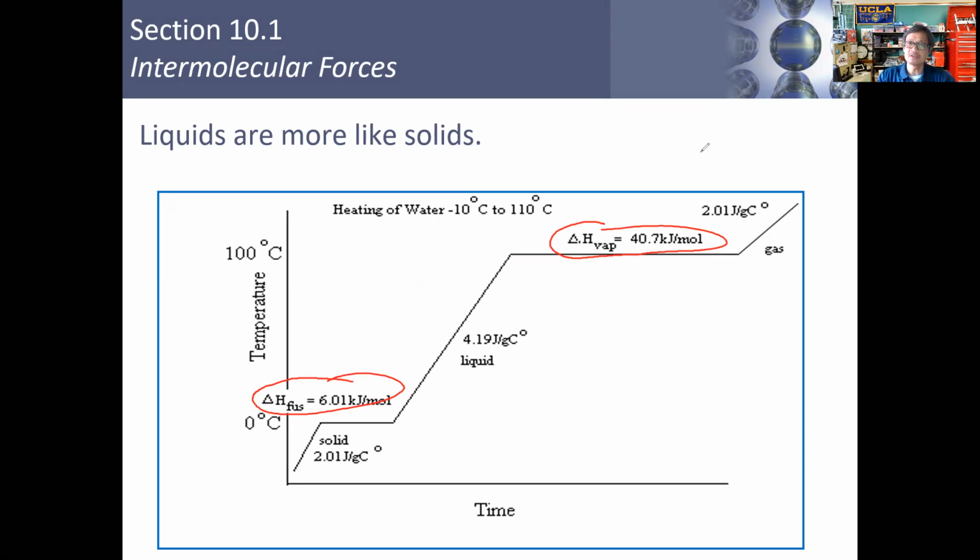So remember, with state changes, we don't get a change in temperature, because all the energy goes into rearranging the structure of the compound. If we plot temperature against time, we can also use energy here. As we start to add heat, at this phase change here, make sure you understand, this is the solid to liquid phase change, and vice versa.